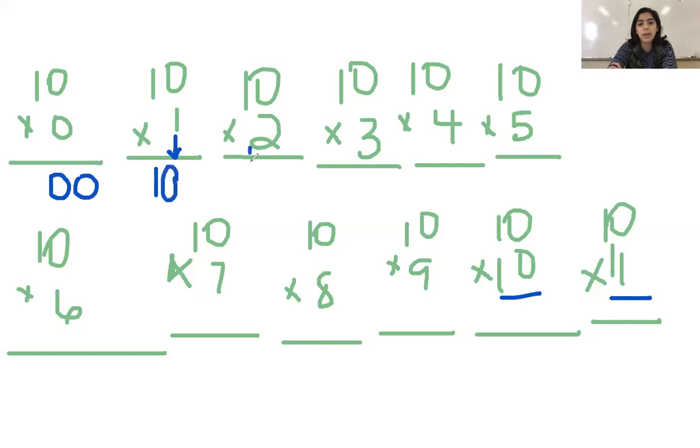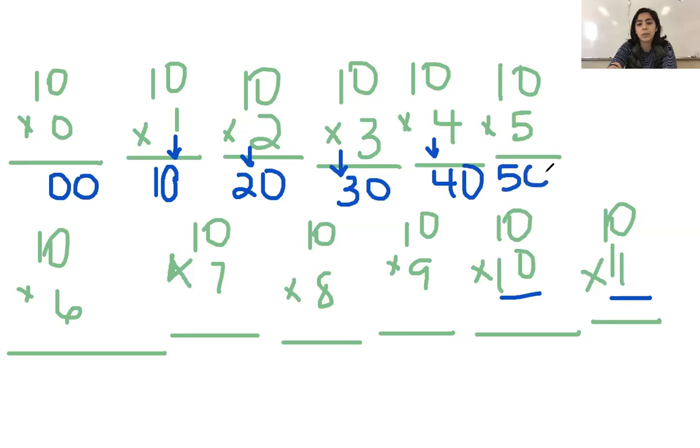You bring the number down, 2, and you add a 0 to the end. You bring the number down, and you add a 0 to the end. You put the number down, again, a 0 at the end.